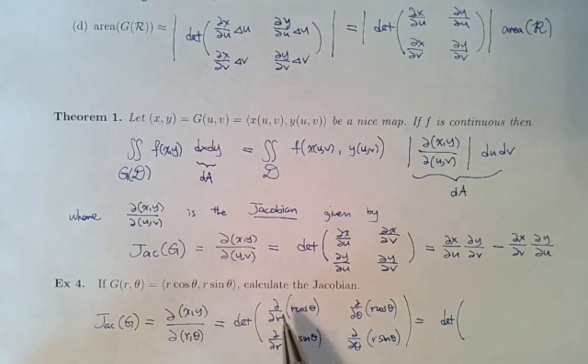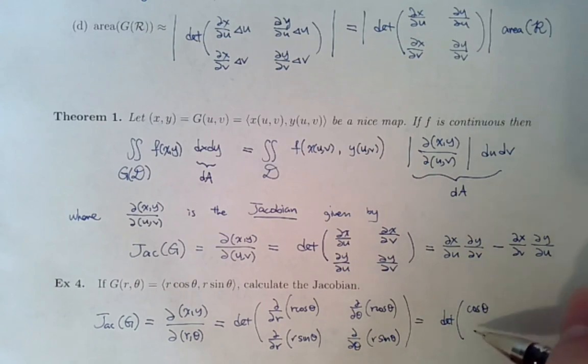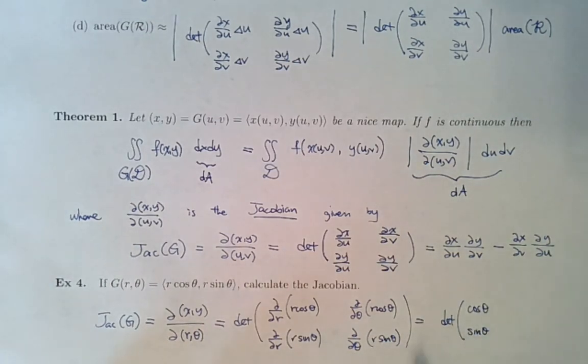Actually, I think taking the derivative with respect to r for these, I would do it column by column, because if you're in the mindset of taking the derivative with respect to r, it's faster. So you get cosine theta and sine theta, and then now you can switch mindset to take the derivative with respect to theta. So that's negative r sine theta and r cosine theta.